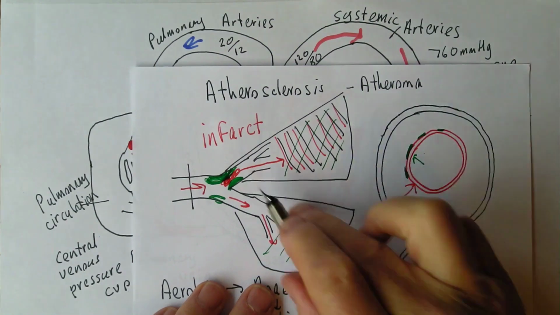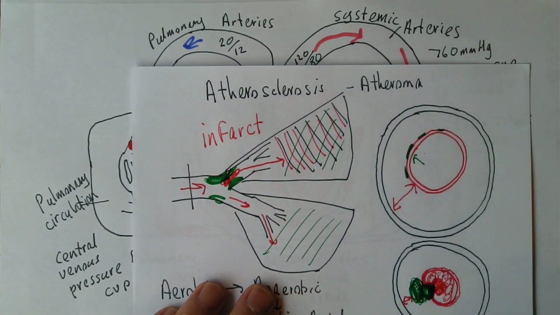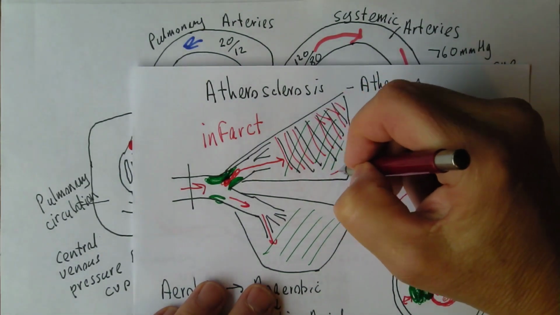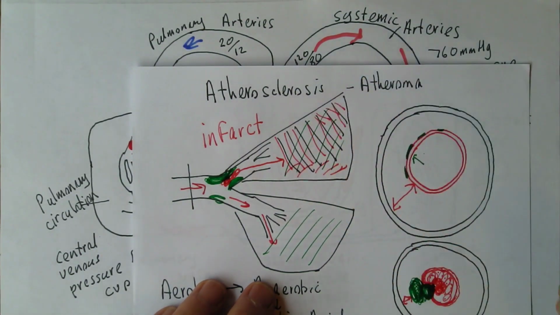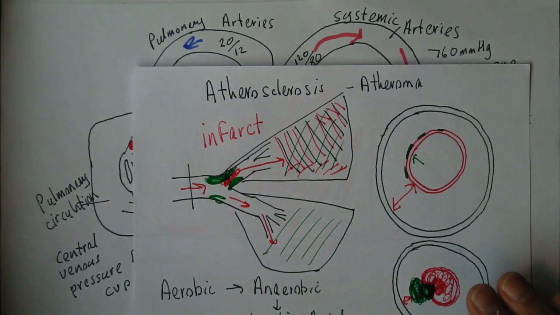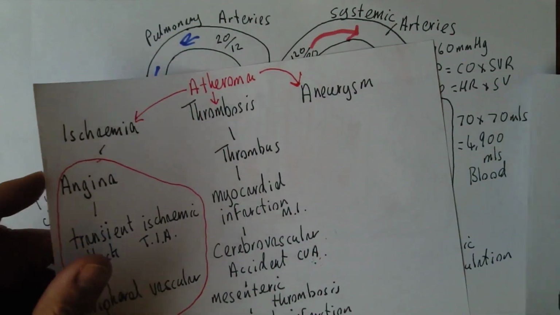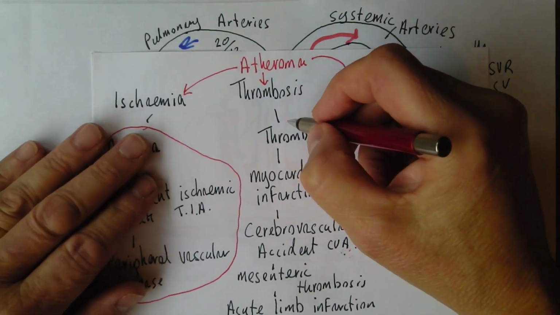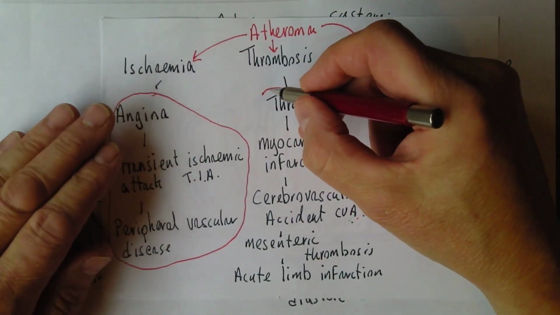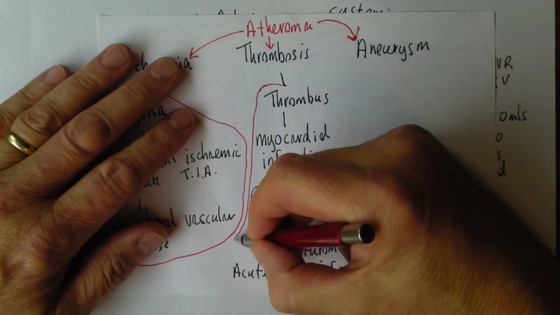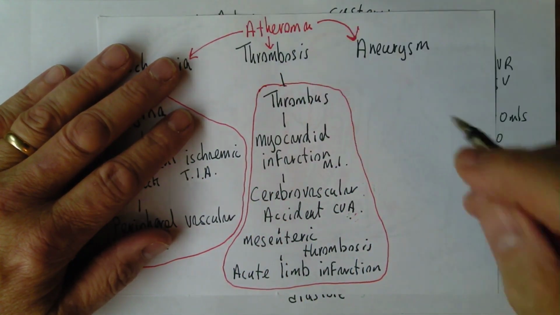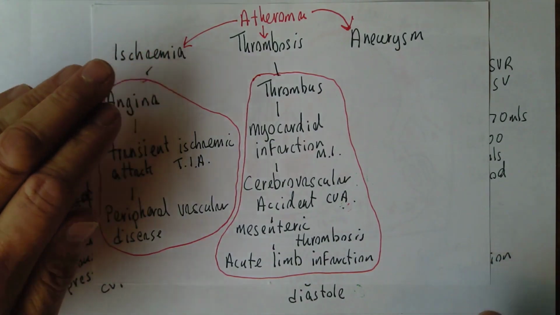An infarction, the area of infarct, that tissue will die, unless you can restore the blood supply very quickly, of course. So these are still complications of atheroma, but this other set is caused by the thrombus formation. Another set of complications there.